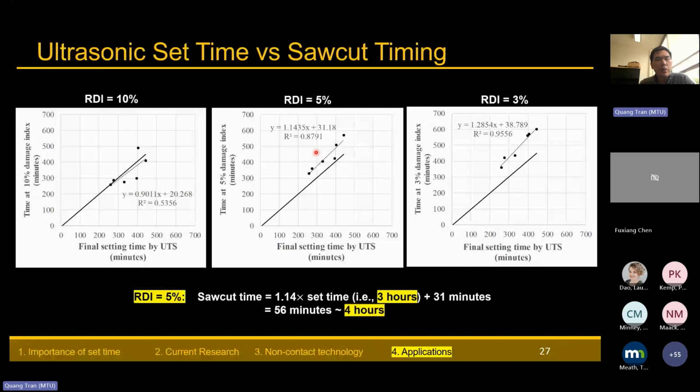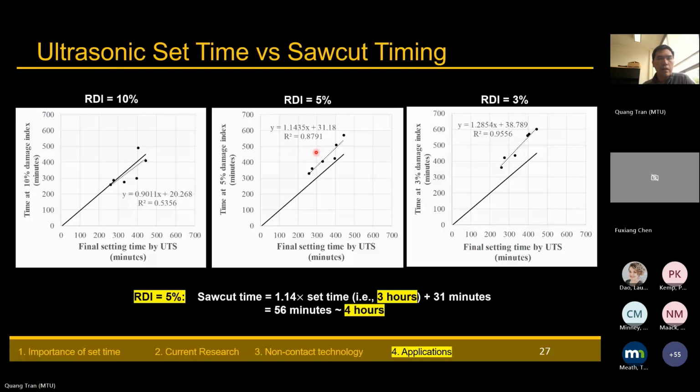Then the problem we have here is we don't know if either 10% or 5% or 3% will be acceptable by the socket operators or by the field engineer, because at this moment we don't have any guidance or standard saying what is the acceptable damage for the socket joint.